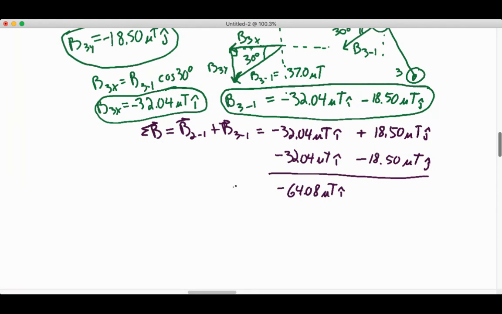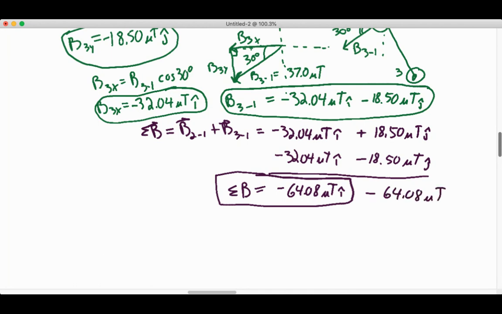So what that means is the sum of these magnetic fields, this is actually our answer to part A, is this, minus 64.08 microtesla i hat, which is another way of saying 64.08 microtesla left.